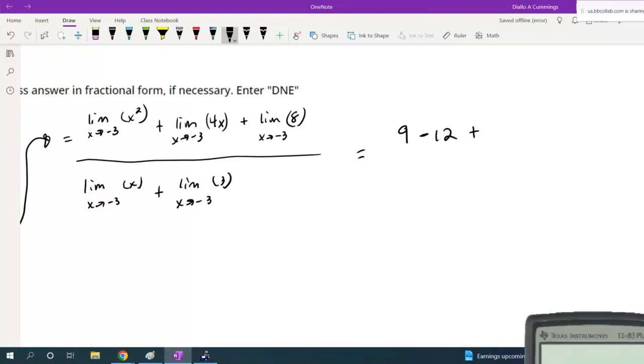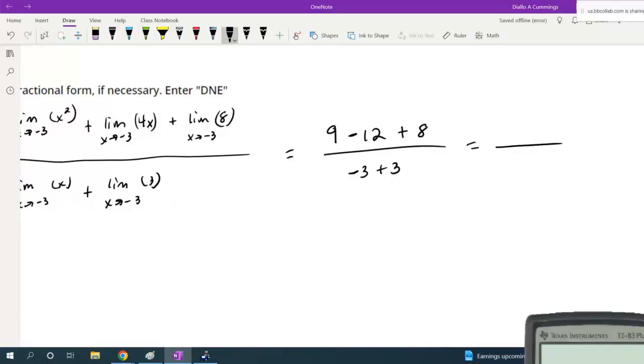Plus, there is no x on this last term to substitute, so the limit as x approaches -3 is 8. I'm going to divide that by -3 plus 3.